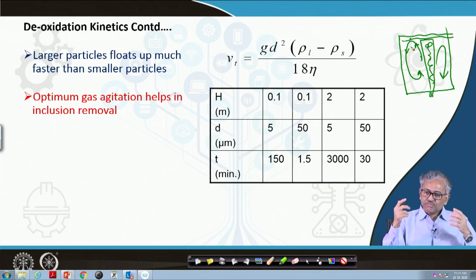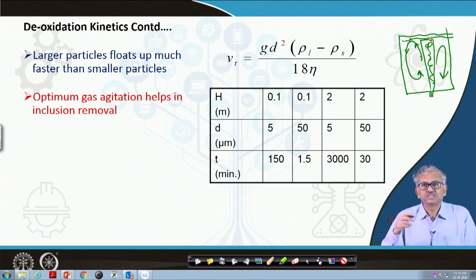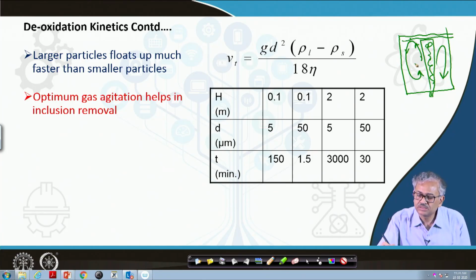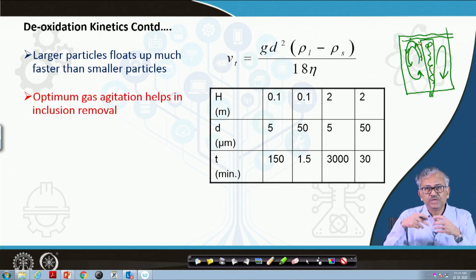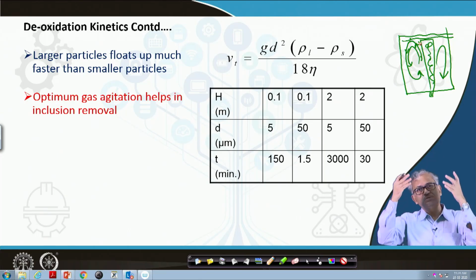If the liquid has a lesser velocity, then the impurity can be released into the slag. With a very high velocity, the inclusion remains entrained in the liquid and may not escape to the slag.